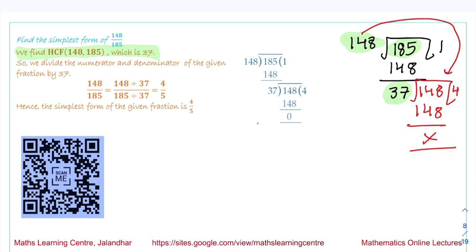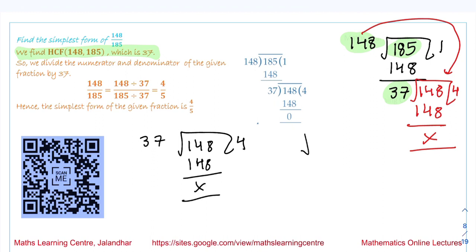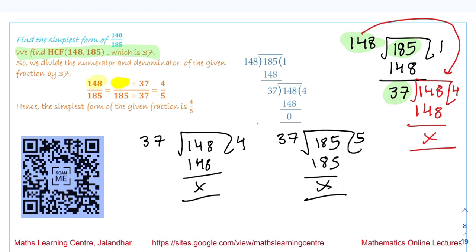So when we divide 148 by 37, we will get 4, and when we divide 185 by 37, we will get 5. So we are dividing the numerator and denominator by 37, and we are getting the answer 4 by 5. That is the simplest form of the given fraction.